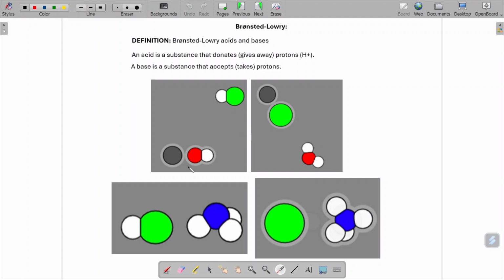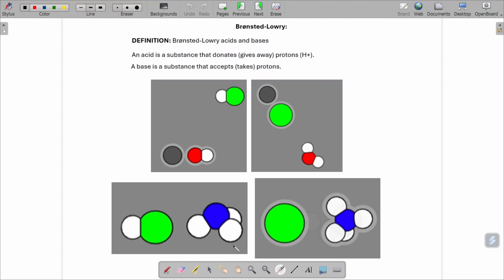Another example of this is the reaction of HCl with ammonia. This is ammonia, nitrogen in blue, hydrogens in white. And you can see here that this proton has been donated by the chloride, and it's attached to the ammonia molecule, and this forms what's called an ammonium ion.